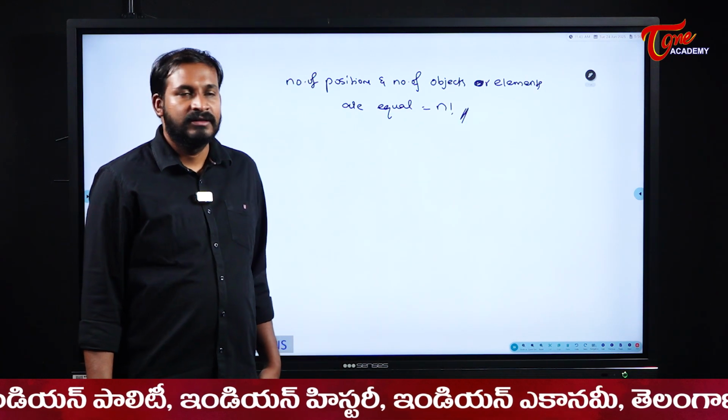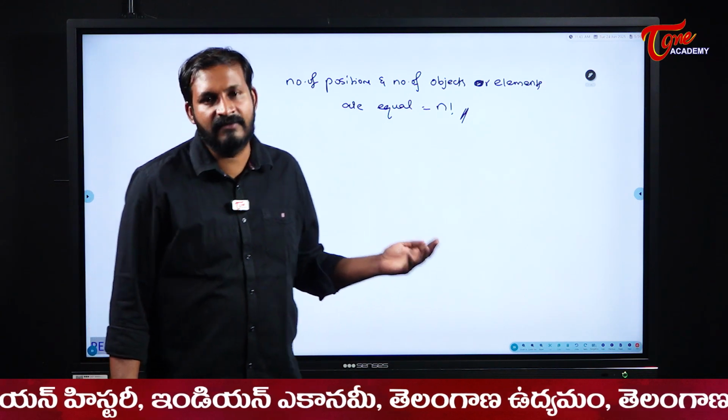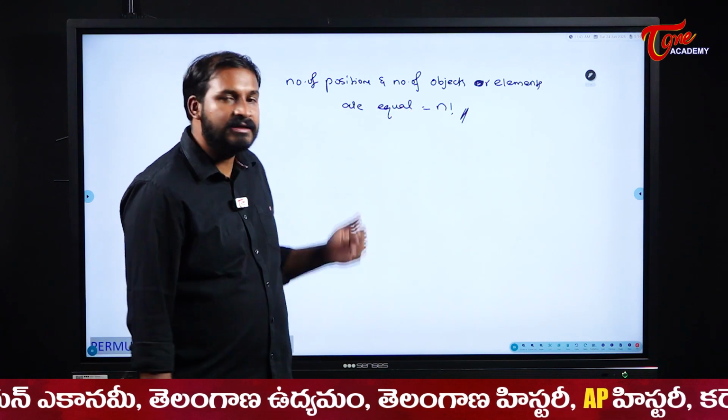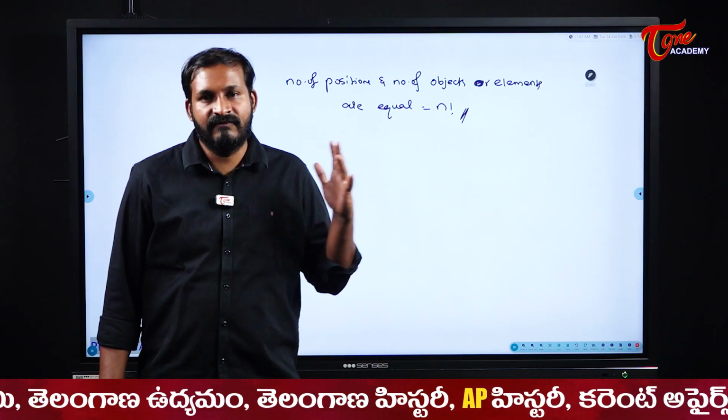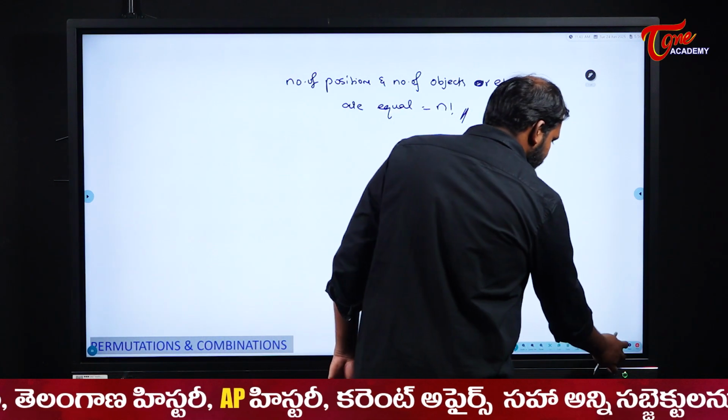Why? Because there it will become nPn anyway. nPn means what? Nothing but n factorial only. Because of that reason, we will always directly take it as n factorial. Understood? Okay, good sir, superb.